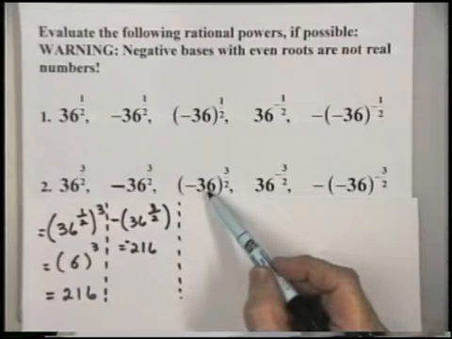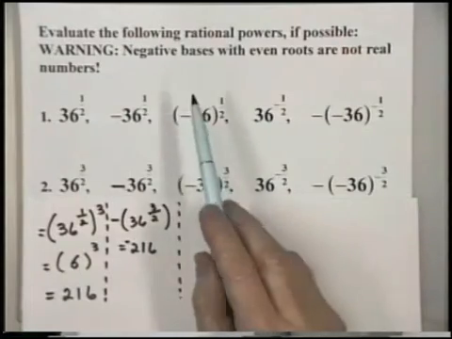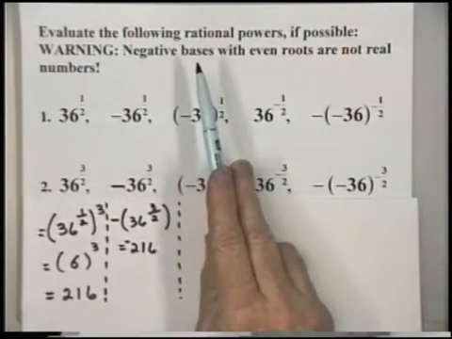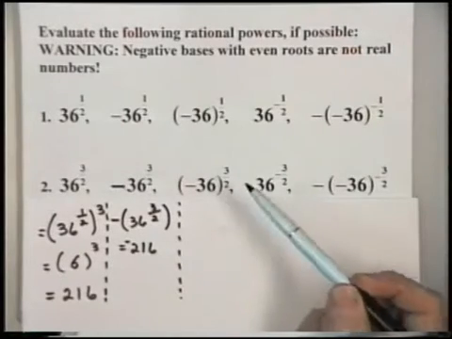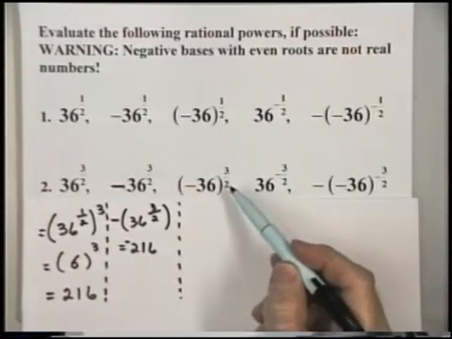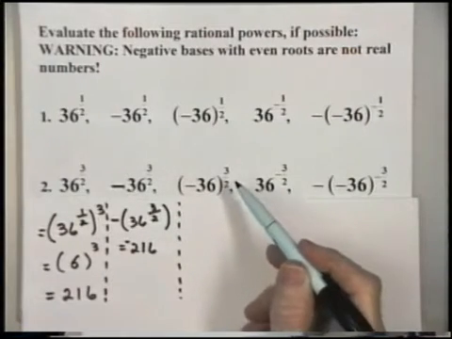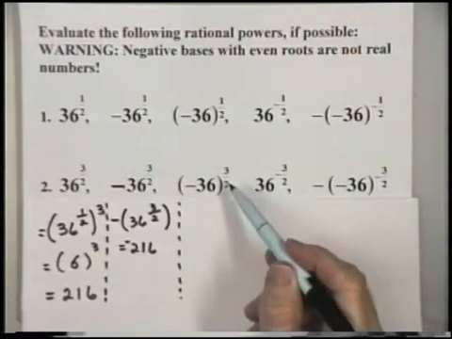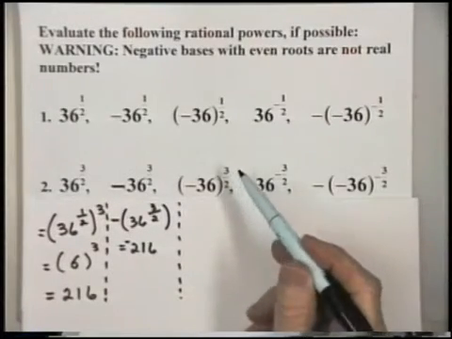Well, keep in mind, when you see a negative base, a little light ought to go off, a little bell or something. Negative base, even root. And now it becomes kind of important to recognize where the root is. The denominator of a rational exponent is your root.